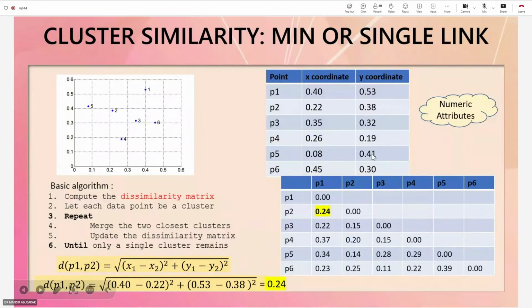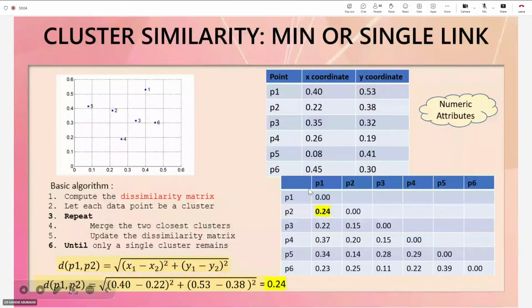And then we have 0.41 as the Y coordinate. For P6, which is here, we have 0.45 as the X point. And for the Y coordinate, we have 0.3 exactly here. So this is how the table is created for the numeric value attributes.